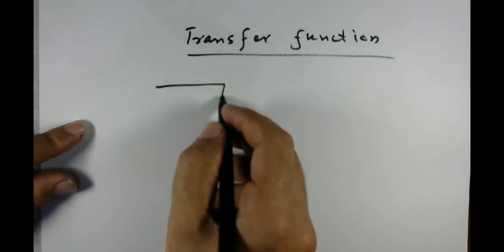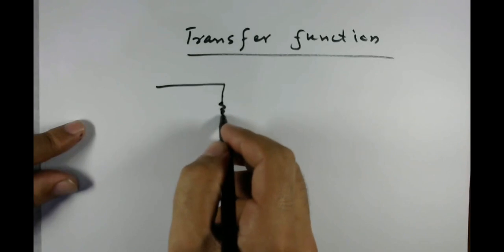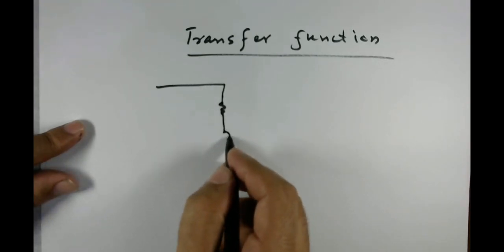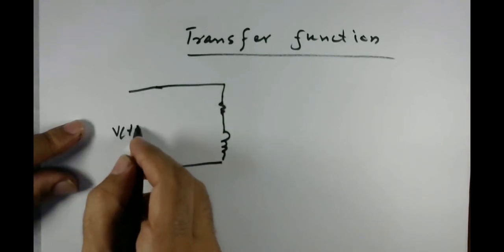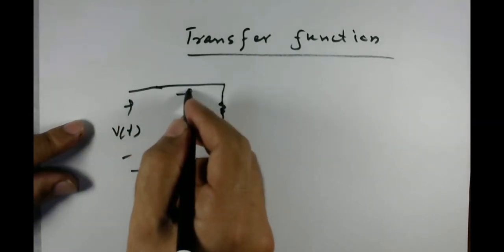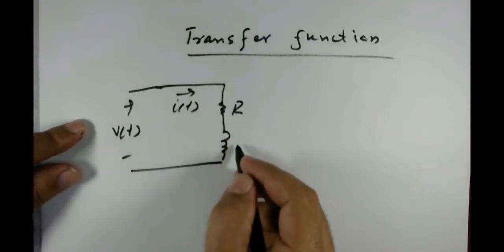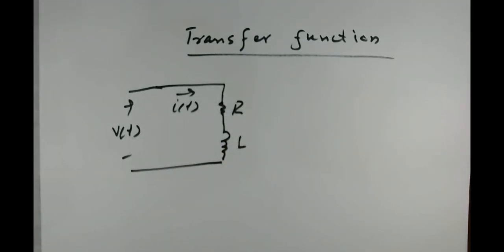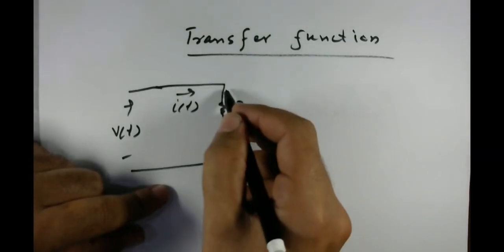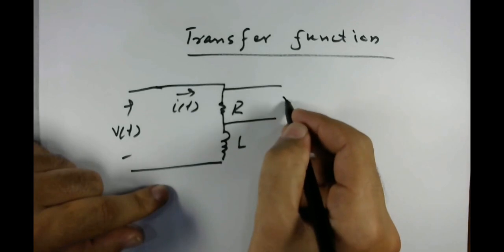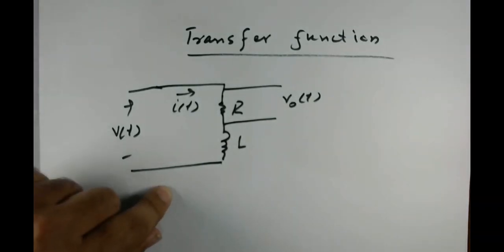Let's say you have this circuit, which contains a resistor and an inductor. This is the applied voltage, and here you have the applied current. This is R, this is L. We are interested in finding the voltage across this resistor. This is our output voltage.